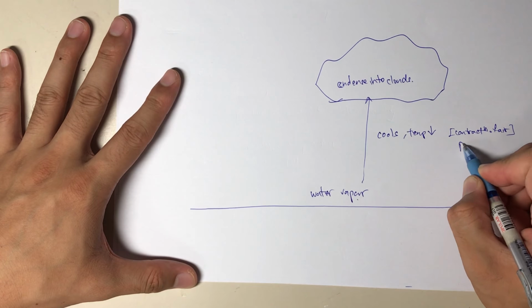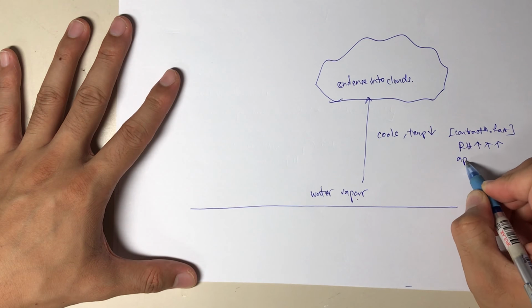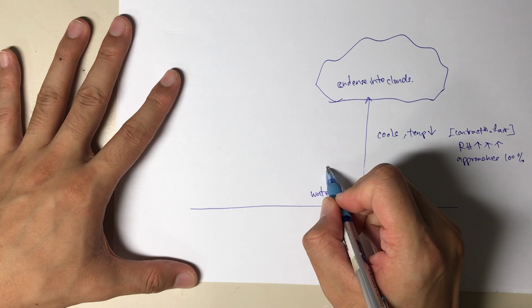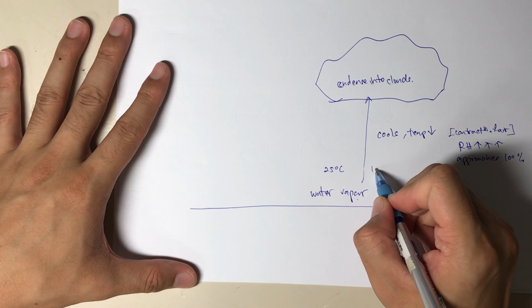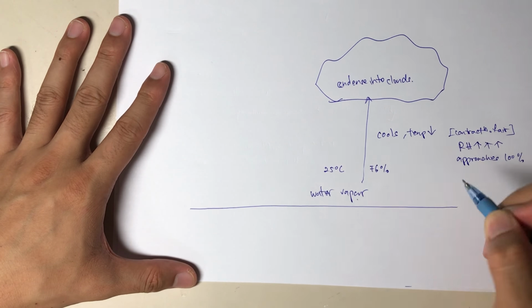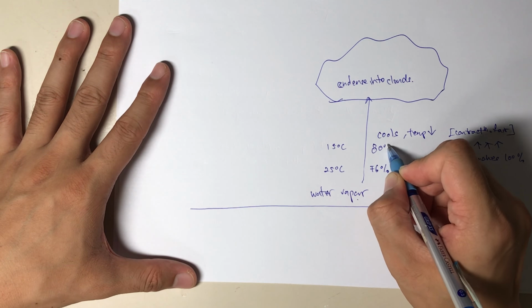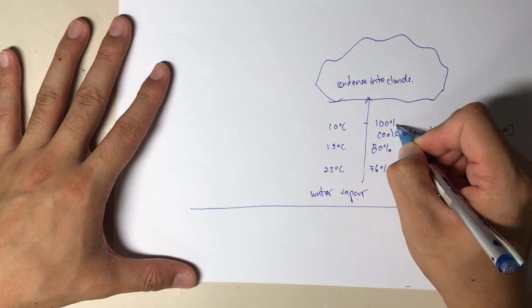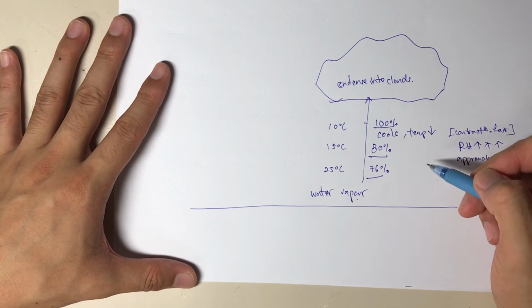And because there's contraction of air, my RH increases, approaching 100%. That means maybe at ground temperature 25 degrees Celsius, my RH is, sorry, let's say 76%. As it cools to 15 degrees Celsius, my RH will increase to 80%. As it cools to 10 degrees Celsius, maybe it reaches 100%. As it rises and cools, my RH starts to increase.